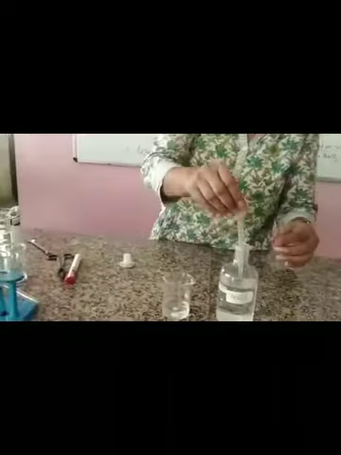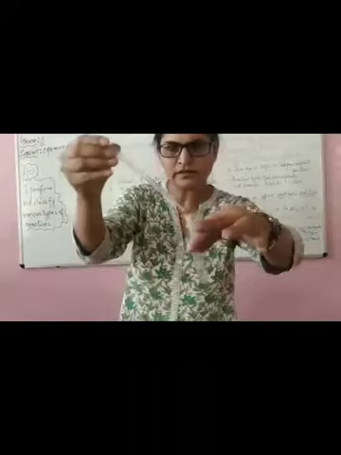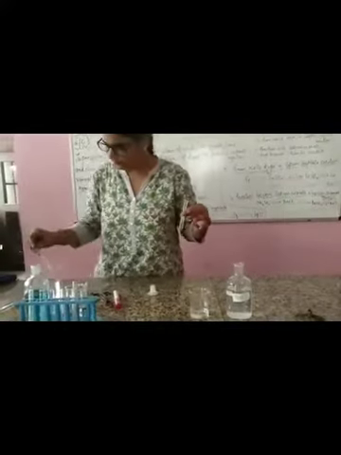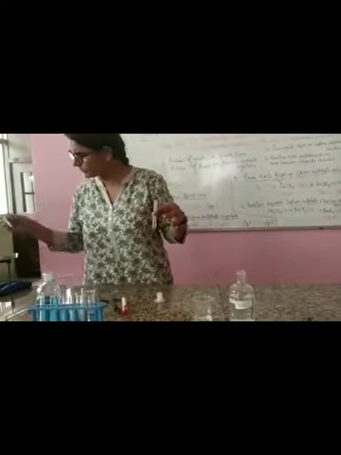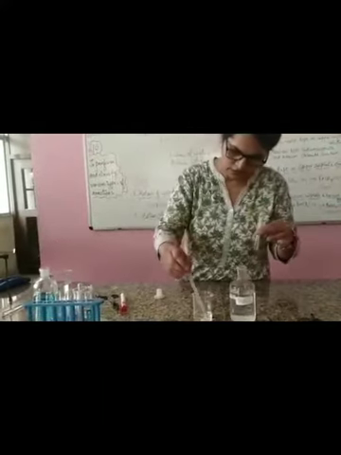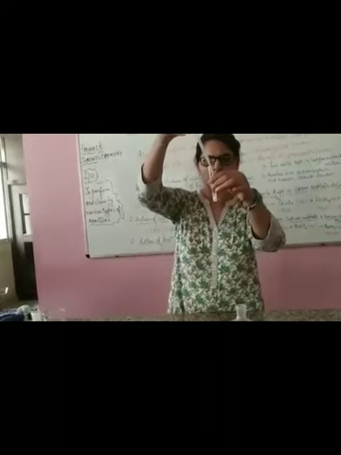I am going to take the barium chloride solution in the test tube. That is a transparent solution, and after that I will add sodium sulfate solution. First of all I have to wash this dropper with water so that there is no variation. Now I will take the sodium sulfate solution, and white precipitates of barium sulfate will be formed, that you will see.